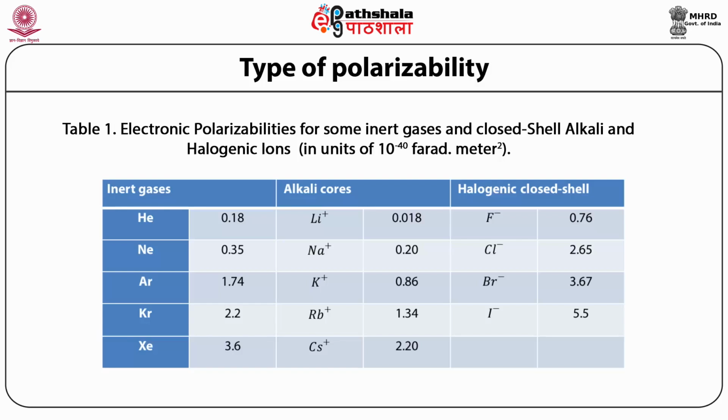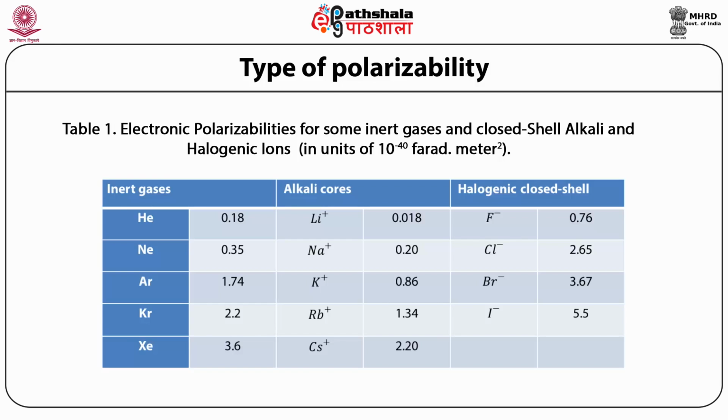Similarly, for ions, lithium has 0.018, whereas for cesium it is 2.20, and for iodine the polarizability is 5.5.